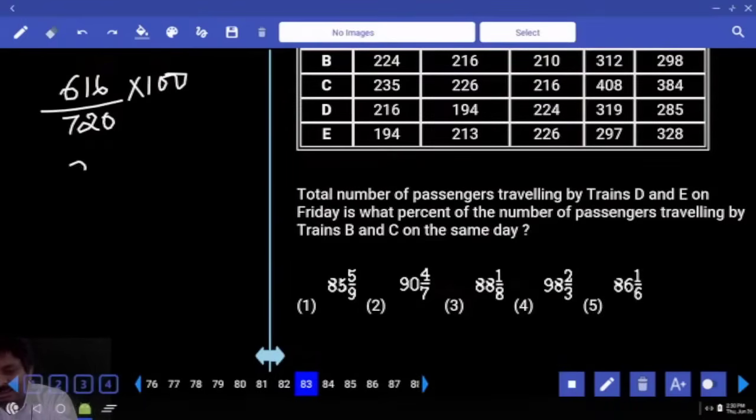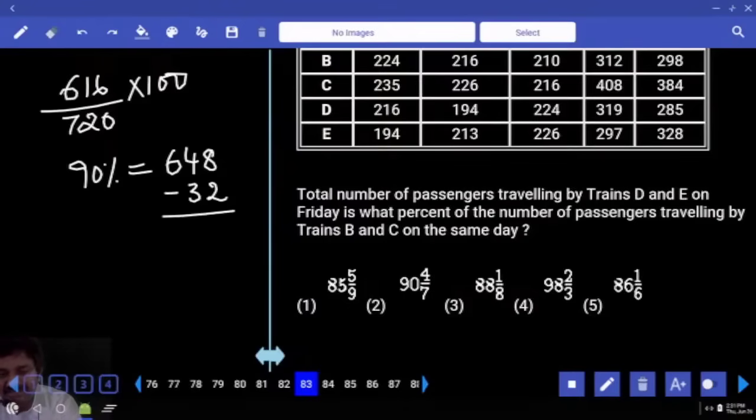Let me first calculate 90% of the denominator based on the options. Okay now? 90% in the sense subtracting 10%. What is 10%? Subtract 72. 648. But what is your numerator? 616. So you have to still subtract 32 from this number.